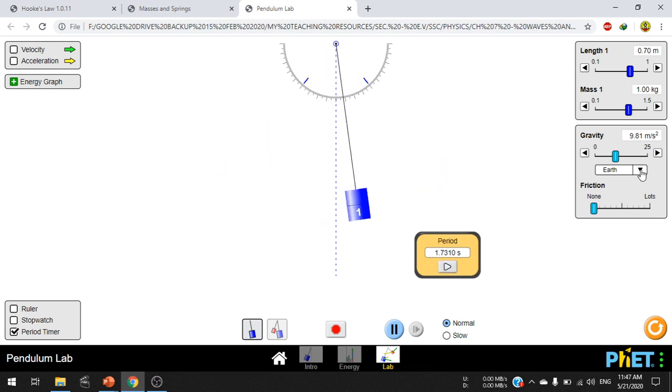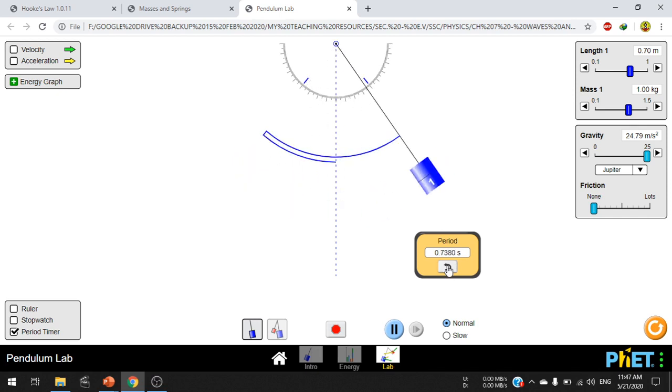But now if we increase the gravity, for example, if we take the gravity of Jupiter, 24.79, almost 2.5 times greater than the gravity of Earth, then we will see there is a significant reduction in the time period. Now the time period is only about 1 second. So we have increased the gravity, and now the time period has shortened.